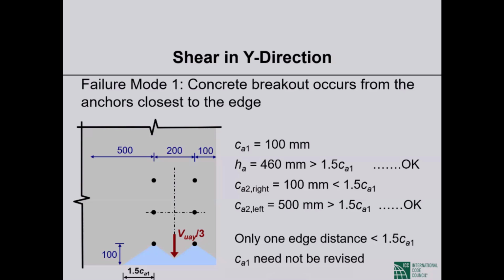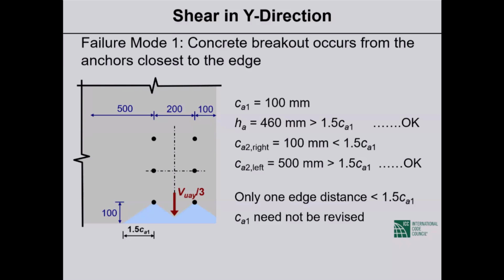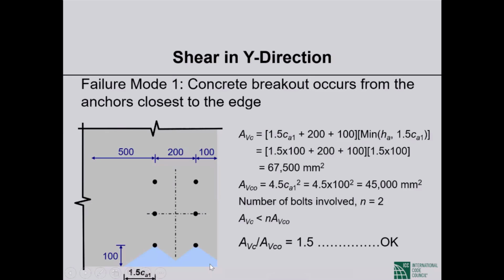A sub BC, what breaks out on this surface? What breaks out is 1.5 times C sub A1 plus the spacing of 200 millimeters plus the 100 millimeters edge distance, and into the screen the depth is the smaller of either the depth that we actually have, 460, or 1.5 times C sub A1.